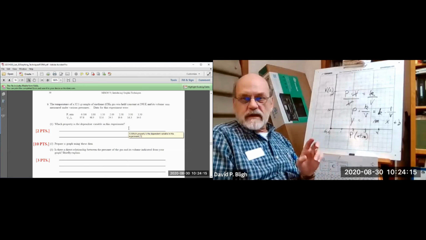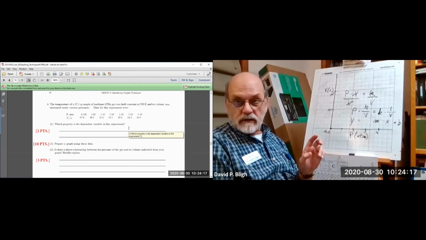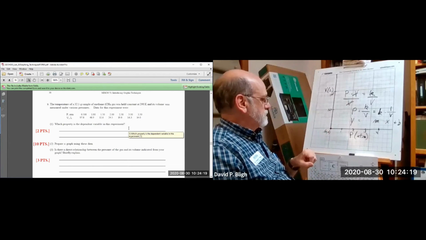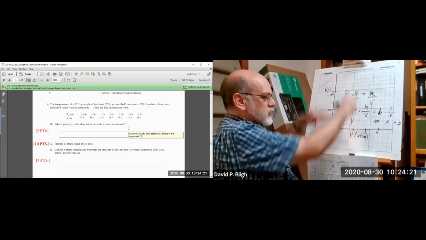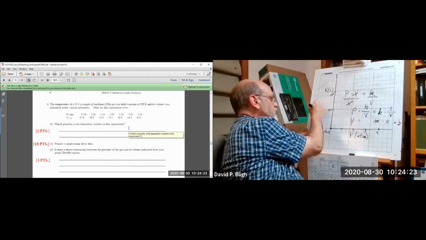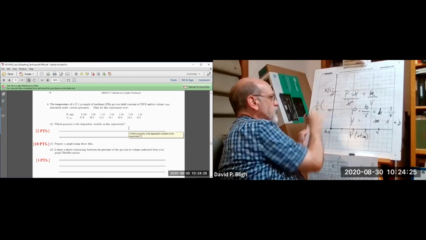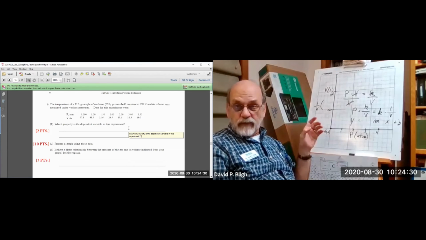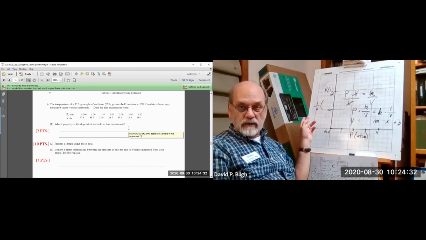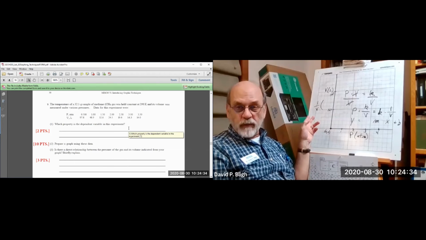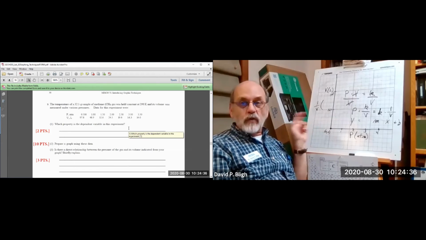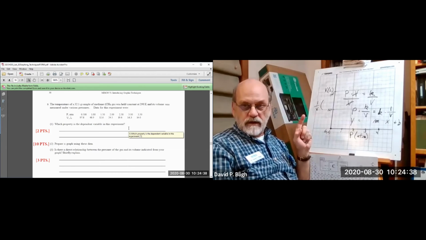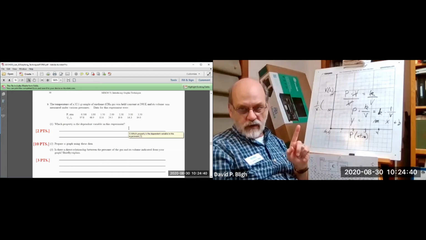Now, what are the units of measure for 1 over V? So wherever you put it, if it's 1 over V, what are the units of measure? Well, remember, when you take a variable and transform it, you don't just transform the number, you transform the units also.